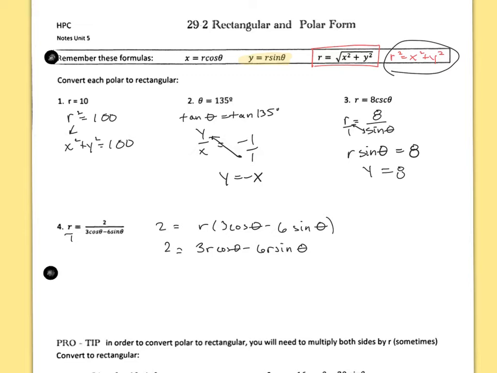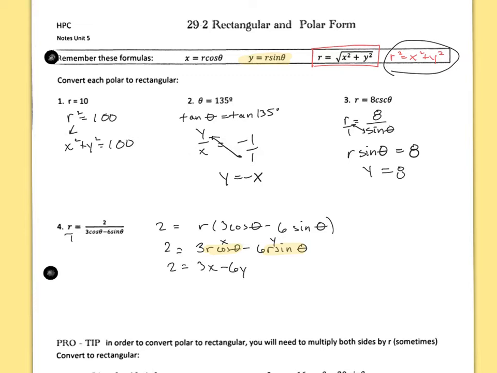And we already know that this and this are parts of our formula. So r cosine theta is really x, r sine theta is really y. So now we have 2 equals 3x minus 6y.